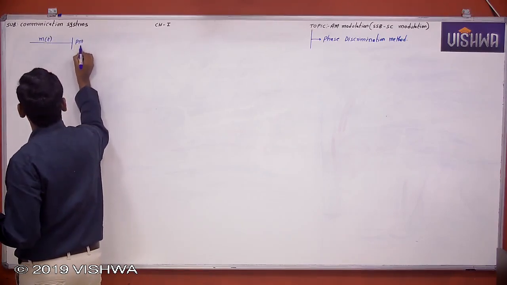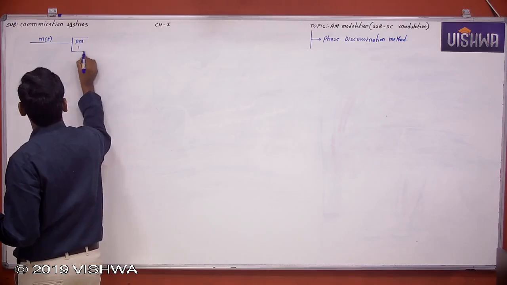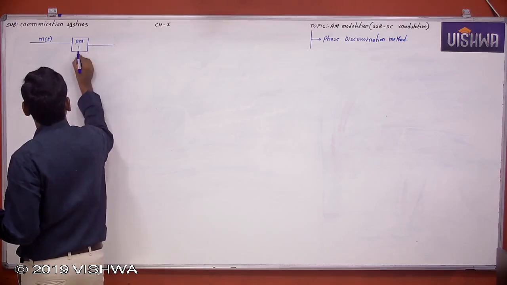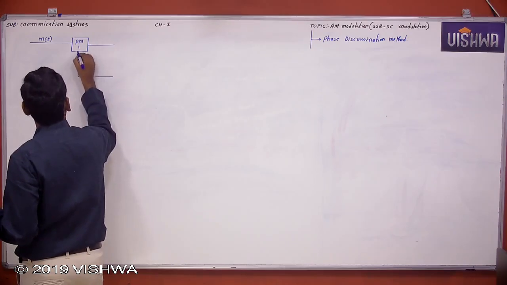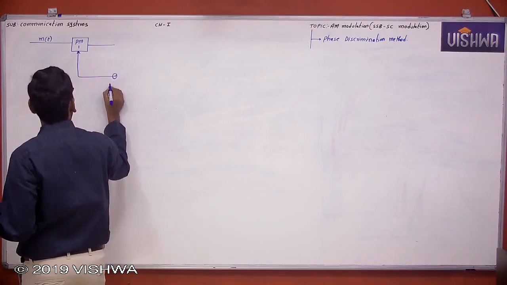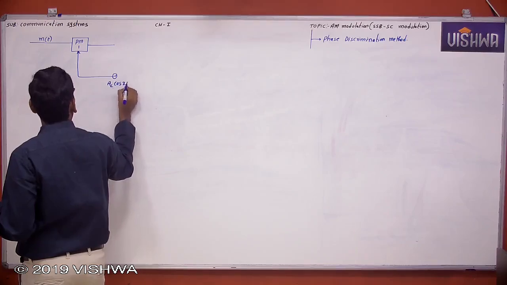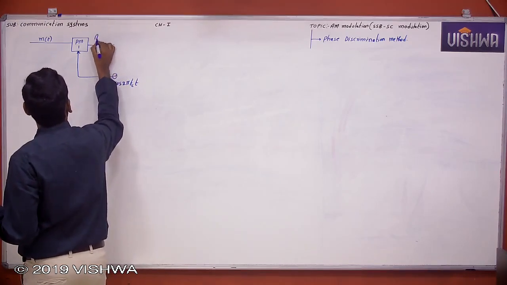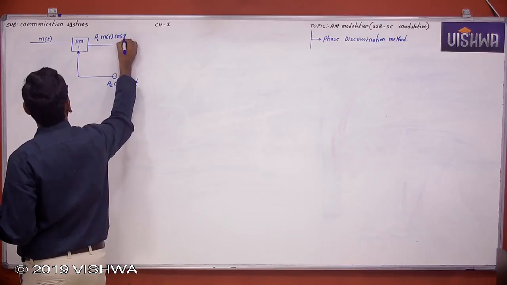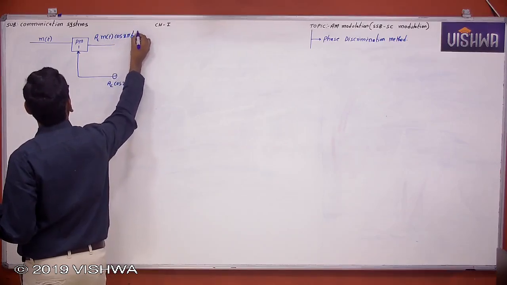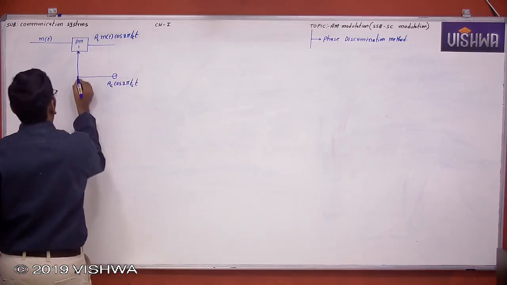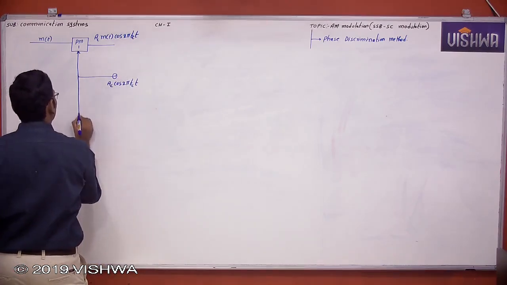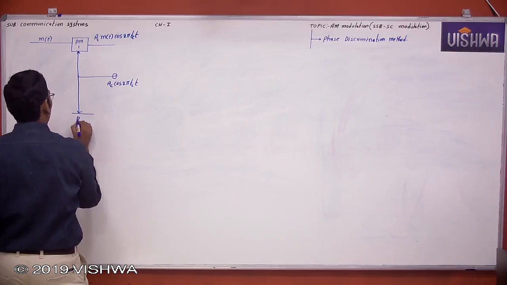This is product modulator 1. The output of product modulator 1 is Ac m(t) cos 2 pi fct. This is product modulator 2.